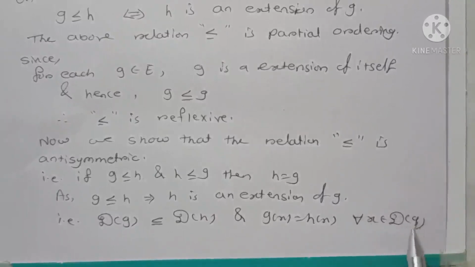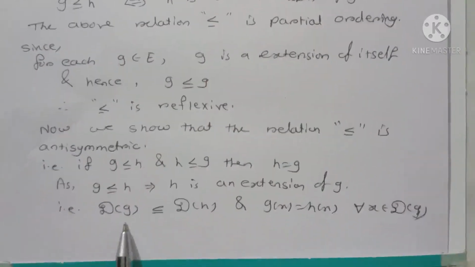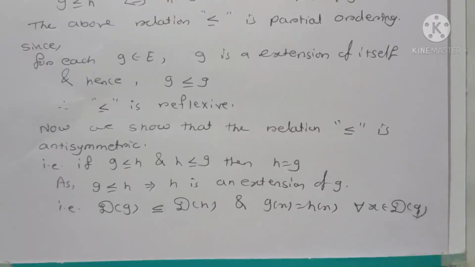This is the definition of extension, and as h is an extension of g, we get that the domain of g is contained in the domain of h and g equals h on the domain of g. We give it equation number 1.